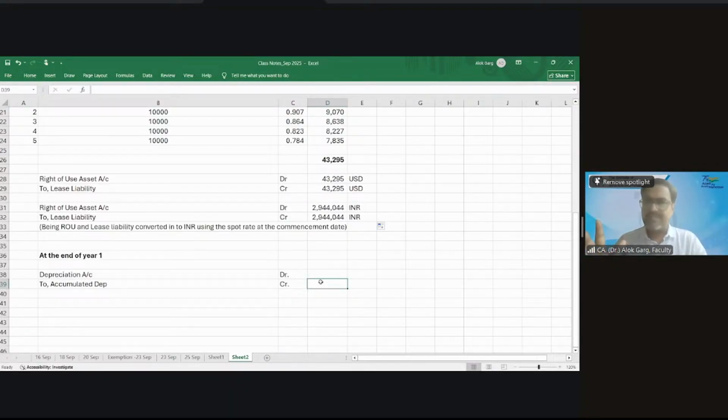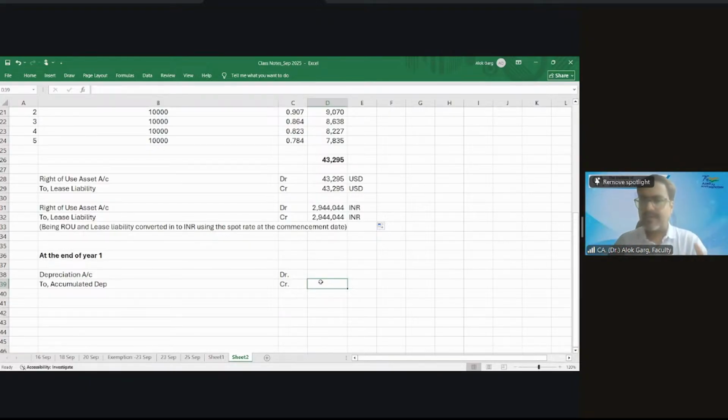Friends, you will read those concepts in detail, because Ind AS 21 is yet to be covered. But to cut a long story short, what I'm trying to tell you is, till the time you read Ind AS 21, monetary items are required to be restated at the reporting date. Non-monetary items are not required to be restated on the reporting date.